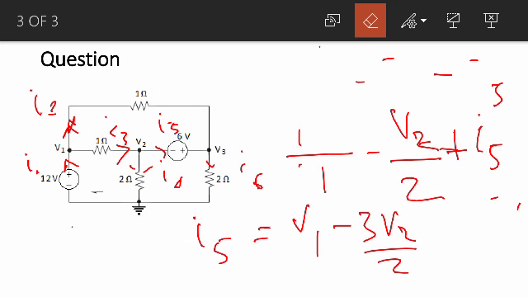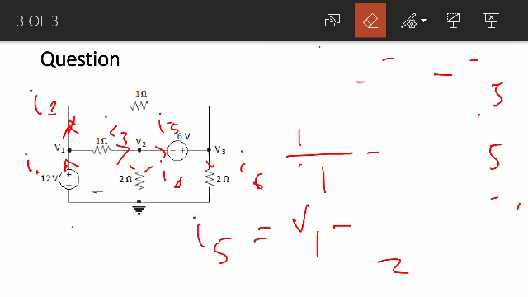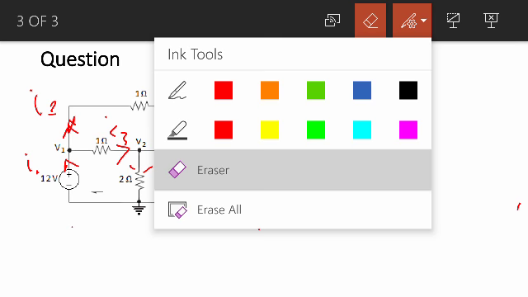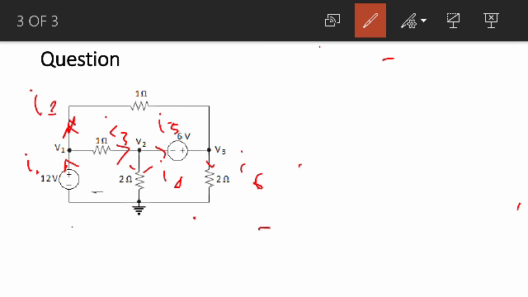We go over to node 3. Now, when you look at node 3, you discover that the current entering node 3 is I2 and I5. But the current leaving node 3 is I6. So we can say that I2 plus I5 is equal to I6.